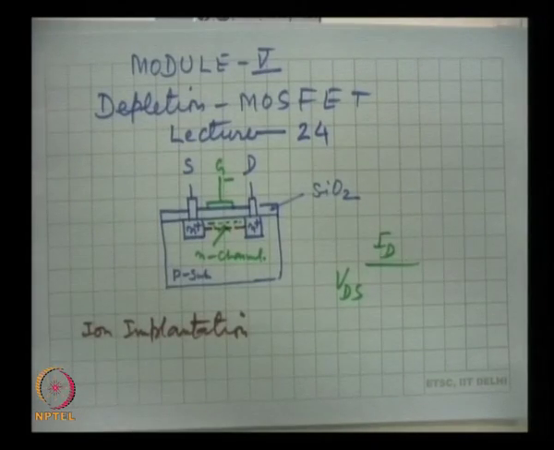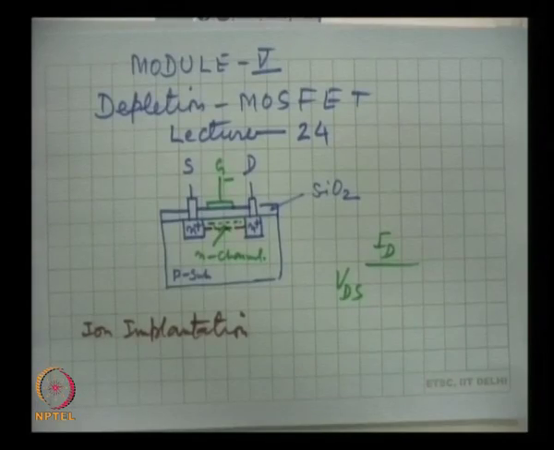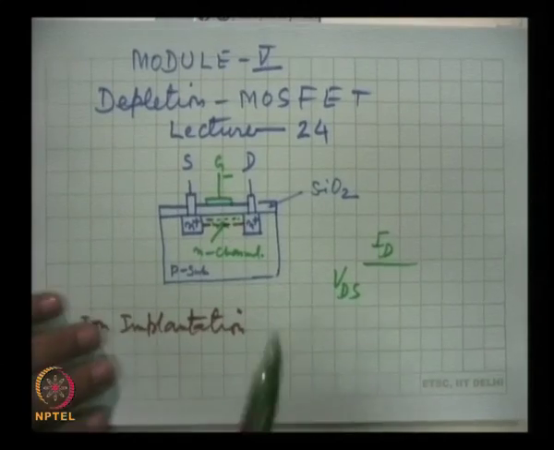If we keep on increasing the negative voltage at the gate with respect to source, then more and more positive charges will be induced. That means the depletion region will spread further in the channel region, and the voltage which completely depletes the charges from the channel, this is important, is known as VT.